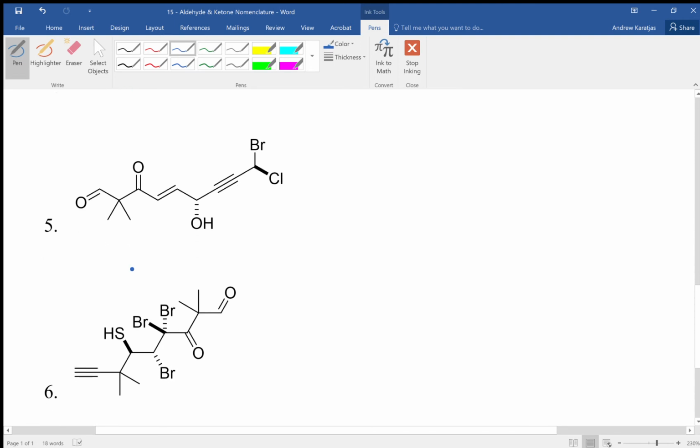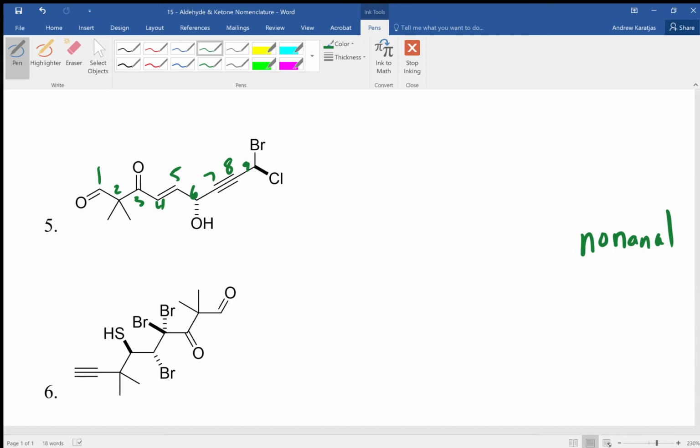Our last two are a little more complicated, although the numbering in number 5 is pretty straightforward, again because of the aldehyde. But we have a 9-carbon chain. This would be nonenal. But we also have to account for the alkene and the alkyne. So in order to do this one, I'm just going to list everything that we have here so that we don't lose track.